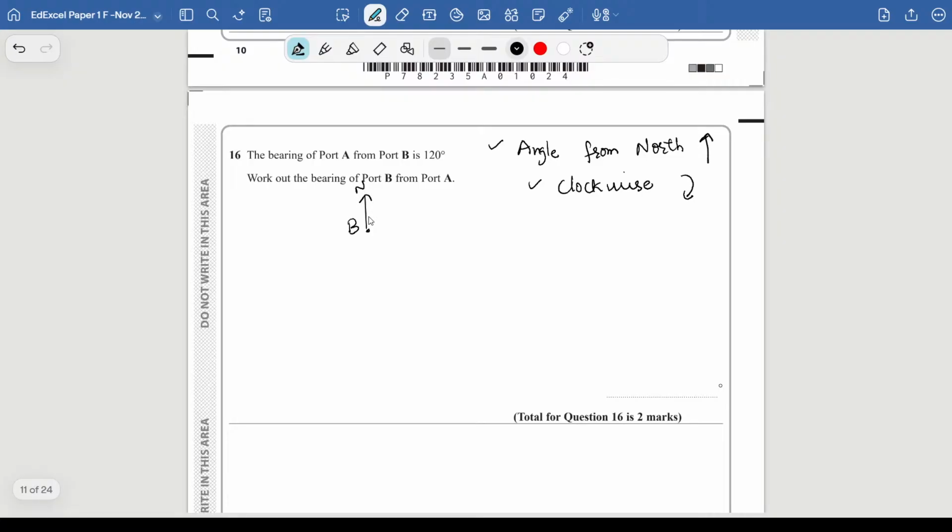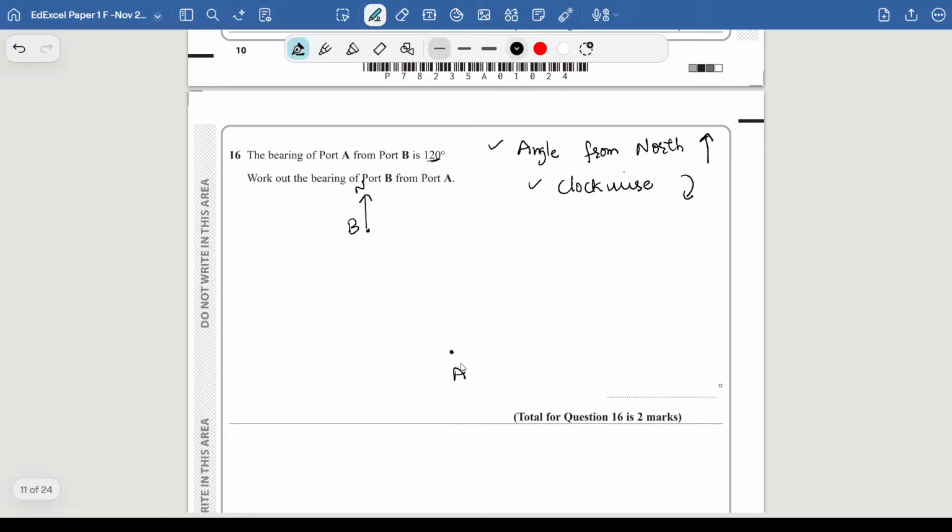From north in the clockwise direction, the angle is 120 degrees because the bearing of port A from B is 120. Now, where should port A be? If it's directly below B, it's 180 degrees because that's a straight line. It's less than 180, so it has to be somewhere here. So maybe it's here.